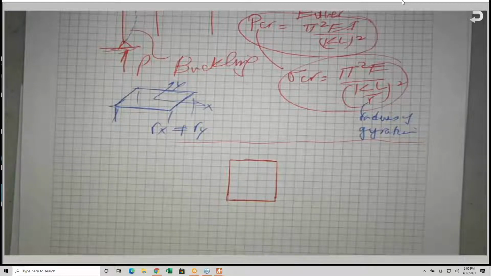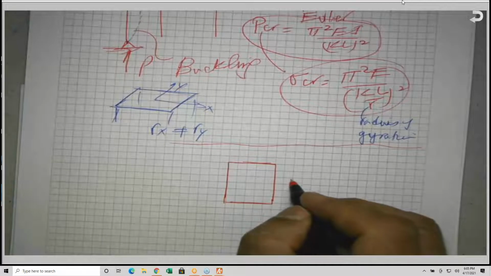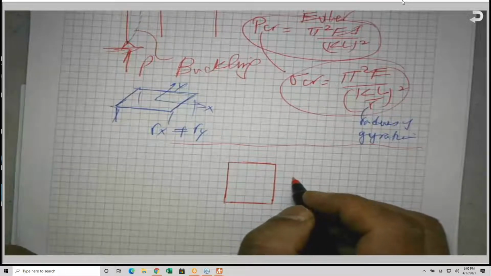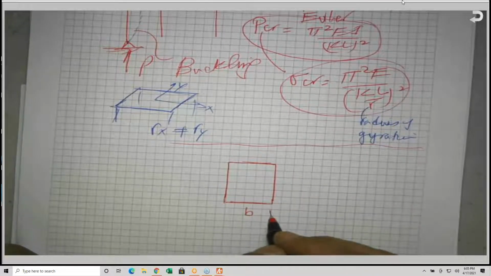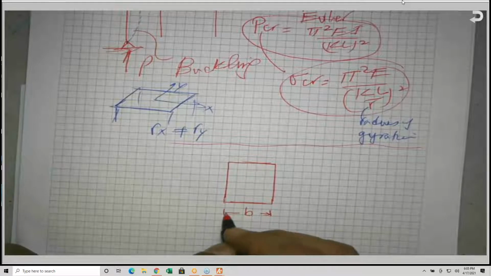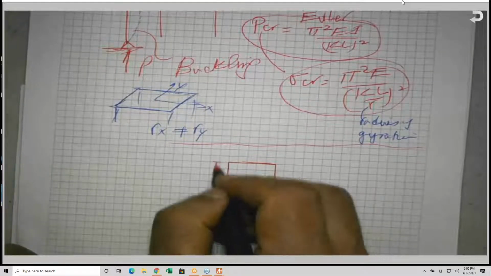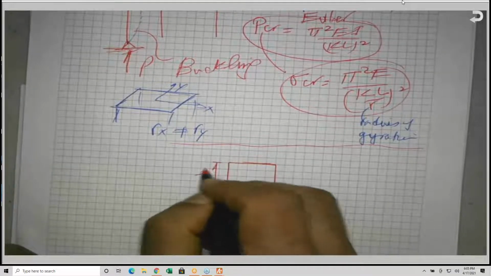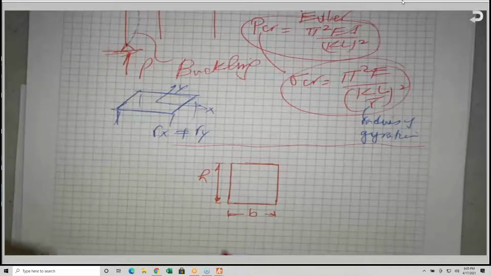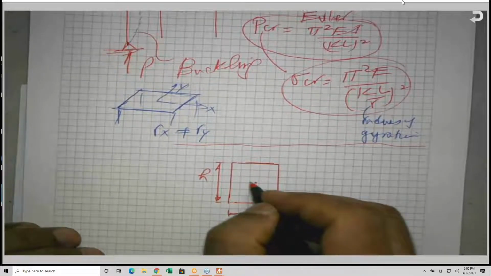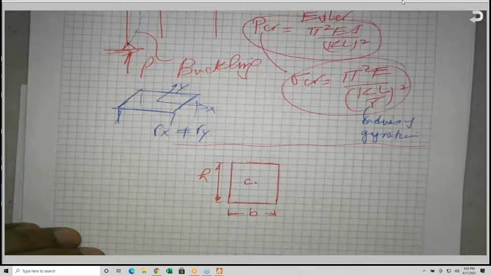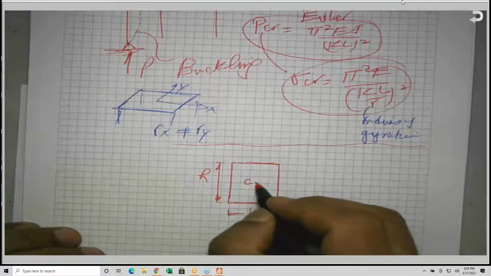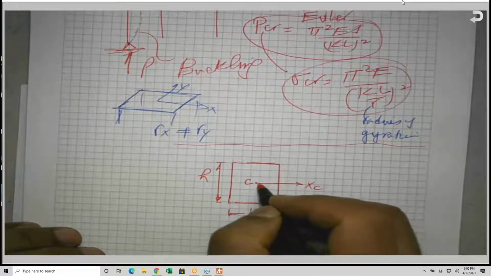Let me see what they use for dimensions to be consistent with them. They are using B and H. So H is the depth and B is the width. So if you have a rectangular section like this, and this is H, the centroid is in the middle by inspection. And this is the XC and this is YC.